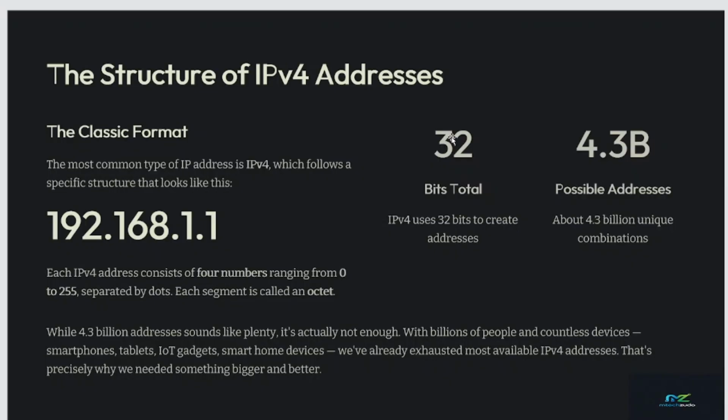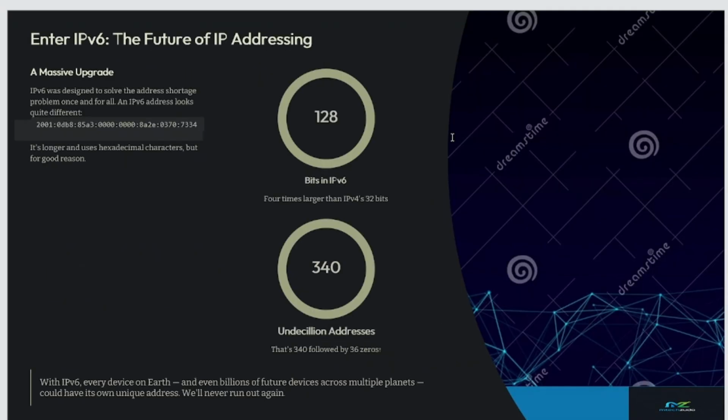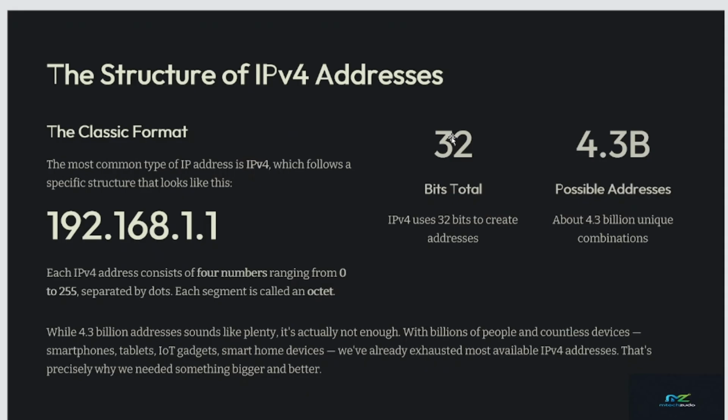Each part is called an octet and together they make a 32-bit address. This means IPv4 can create about 4.3 billion unique addresses. Sounds like a lot, right? Well, not really, because with billions of people and devices connected, we have already used up most of them.